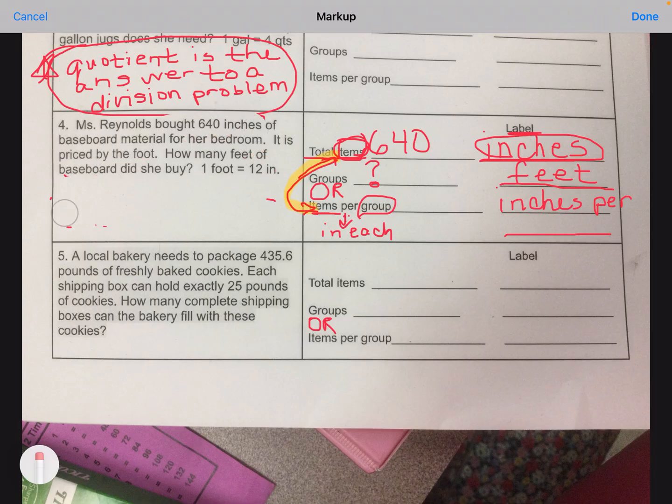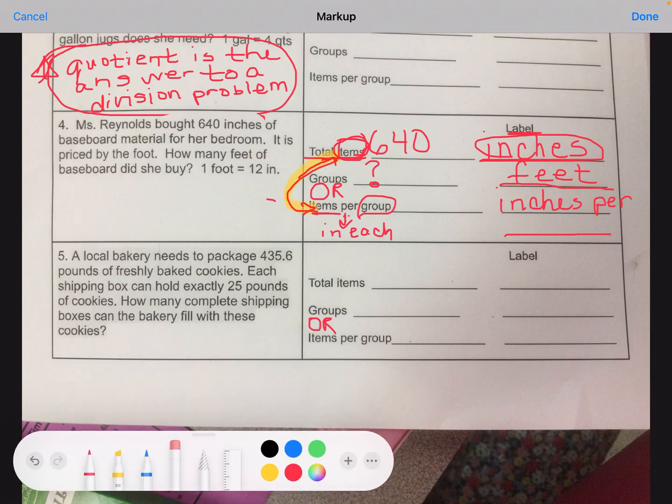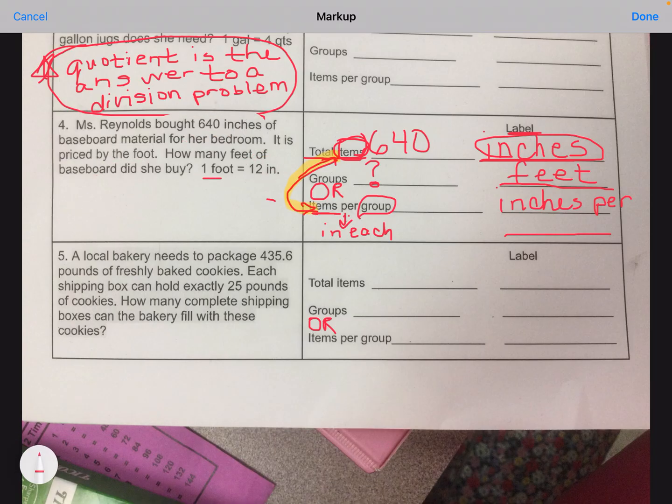What I do know is that 1 foot is 12 inches. So look down here. If I need to put my group name, which is feet, into inches per group, inches per feet, or inches per foot, I guess.